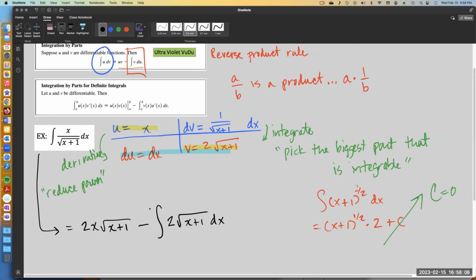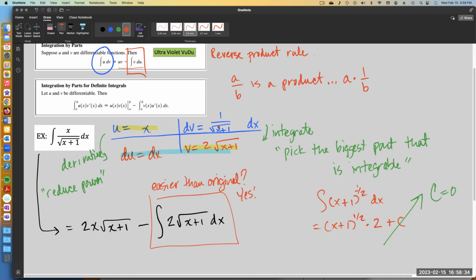And here is where we ask ourselves, is this easier than the original? If the answer is yes, keep on going. If the answer is no, you go up here and you fiddle with your u and your dv and try another option.